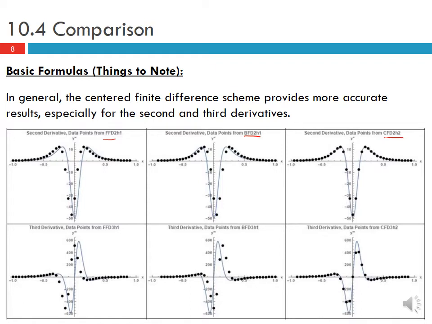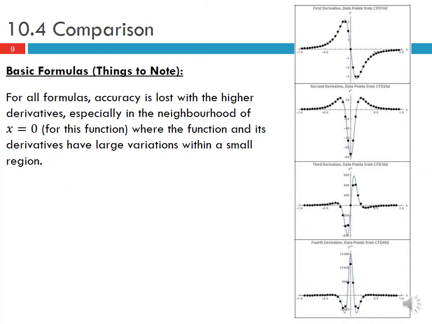The data points here follow quite nicely along the line, and here they're not too bad other than at these points, where these ones start to have some inaccurate results in this area of a quickly changing function, and similarly for the backward finite difference.